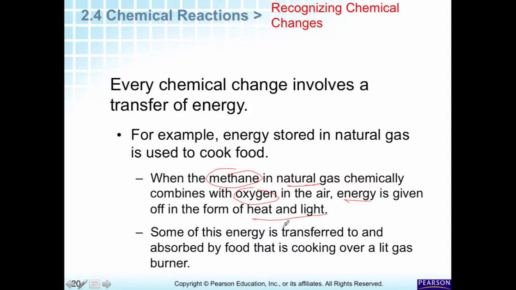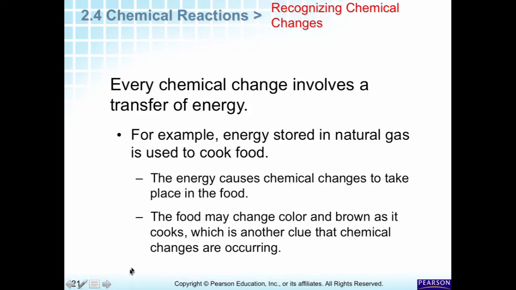And some of this energy is transferred and absorbed by the food, cooking it. Okay, so we see some changes in the food. So we may brown the food, which is a change in color. So the meat or the food is getting changed.